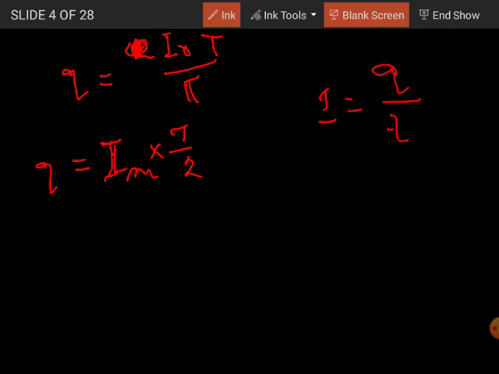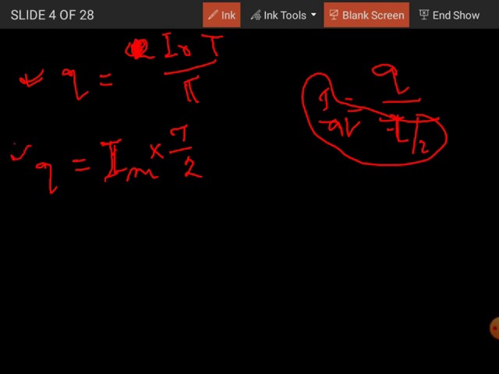This is the amount of charge flowing when AC is passed through the circuit for a time of T by 2, and this is the charge flowing when the steady current passes. So both are the same charge by definition.